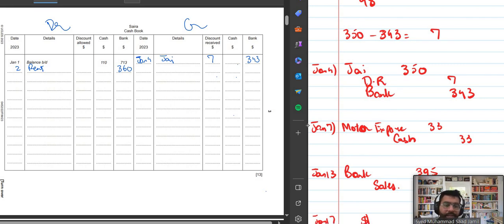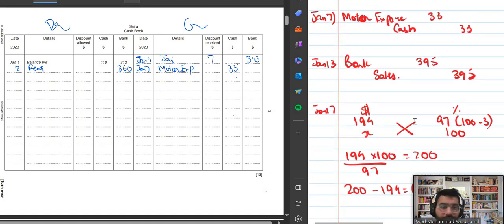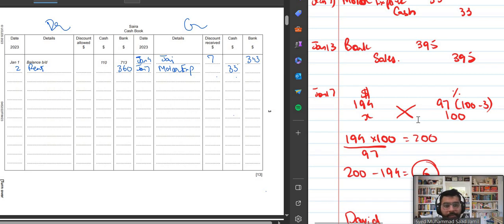Now Jan 7th again. Motor expenses and cash. Alright, so motor expenses is debited, cash is credited. So go over here in the credit section. Jan 7th, motor expenses. I'll just write EXP. How much? 33. Which column? Cash column. Easy. Now Jan 13 it says bank debit because of what?